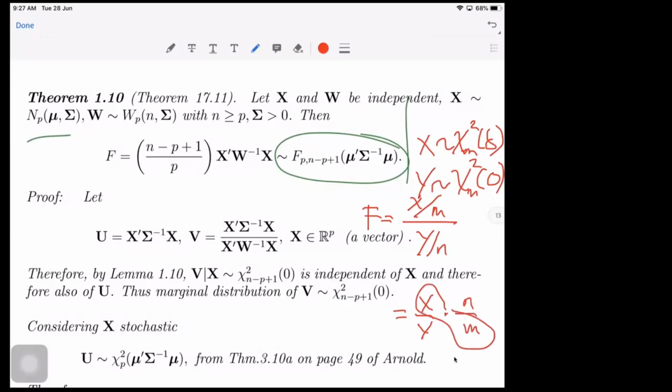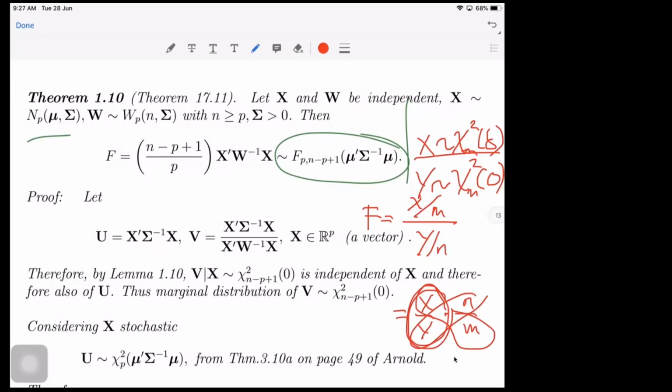So this one is chi-square, non-central, over a central. So for this to be an F, you look at the ratio, no? So how do we write this as a ratio?